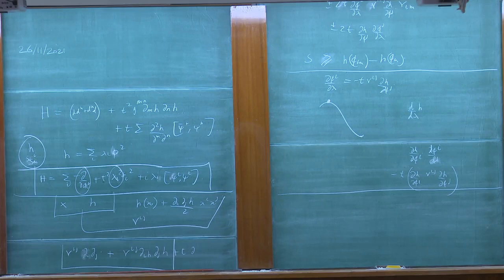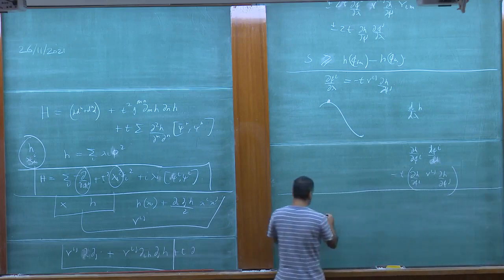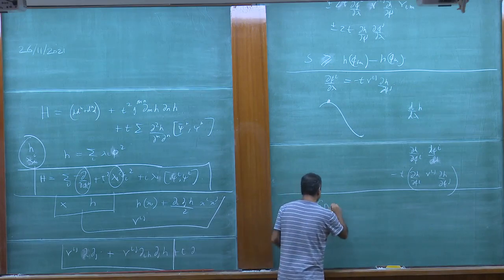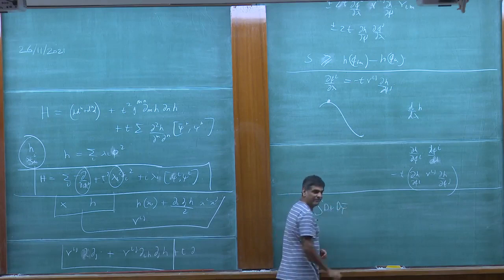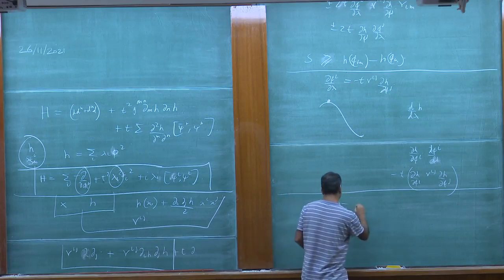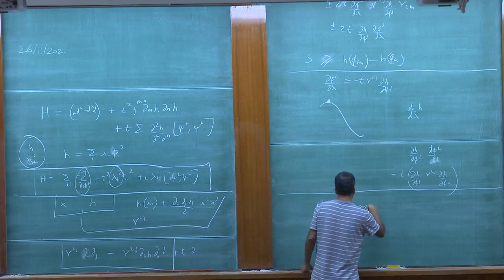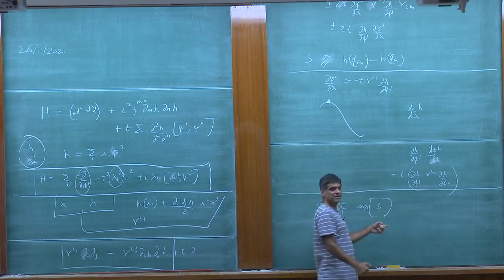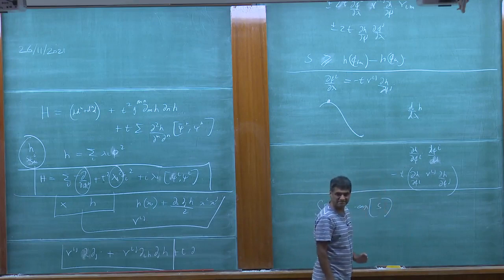Why is that? You see, if we do the path integral in the background of this instanton, we're doing an integral over d psi bar and the exponential of this action expanded around the instanton solution.